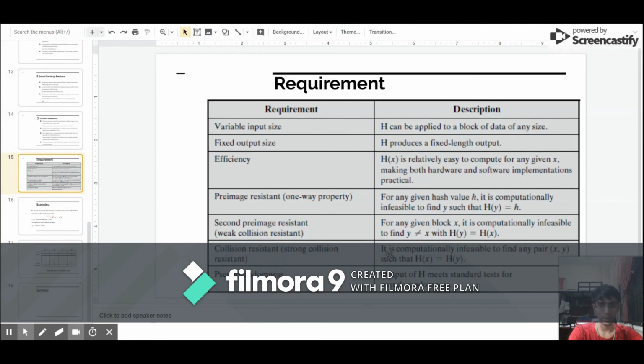And then the third property: it is computationally infeasible to find any pair x, y such that h of x equals h of y. Then there is a last requirement: pseudo-randomness. The output of h meets the standard tests for pseudo-randomness. Means the hash code should meet the standard tests for pseudo-randomness.